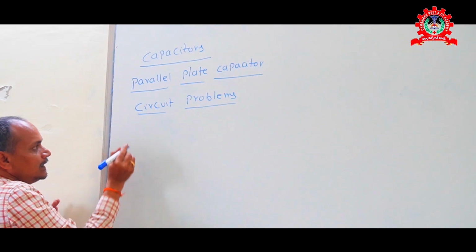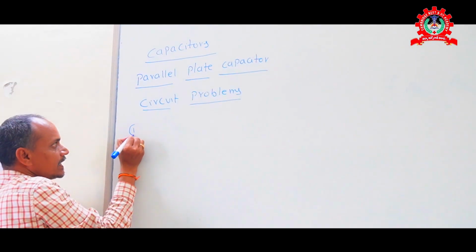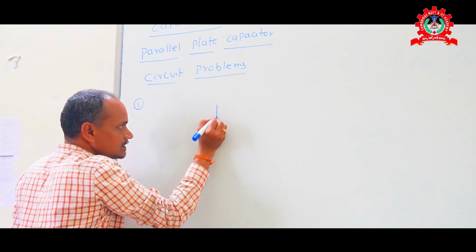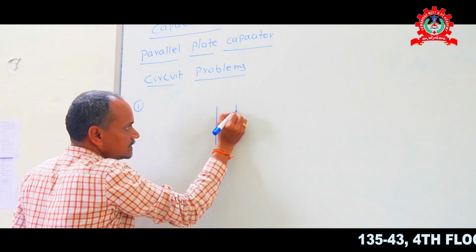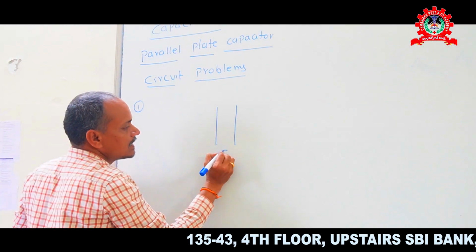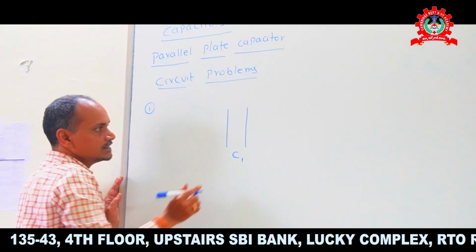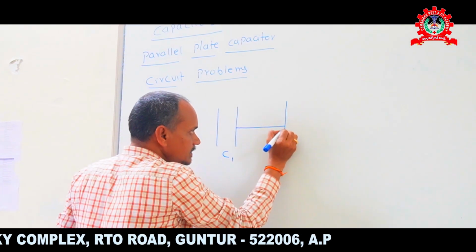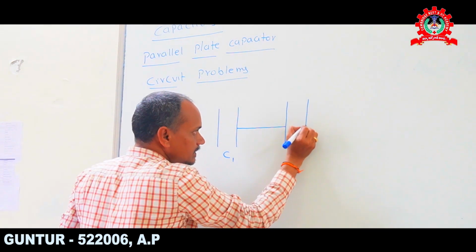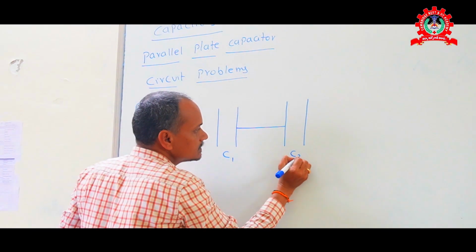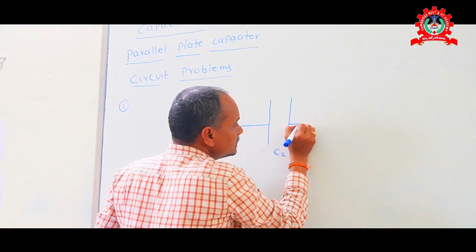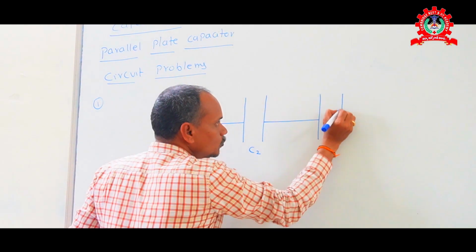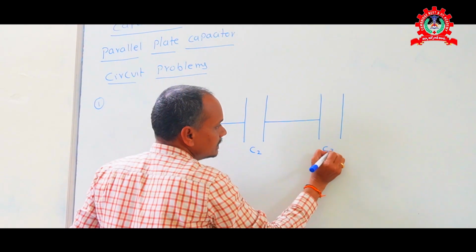Suppose, for example, in one application, they mention that we consider three capacitors. This is the first capacitor whose capacitance is C1, this is the second capacitor whose capacitance is C2, and this is the third capacitor whose capacitance is C3.